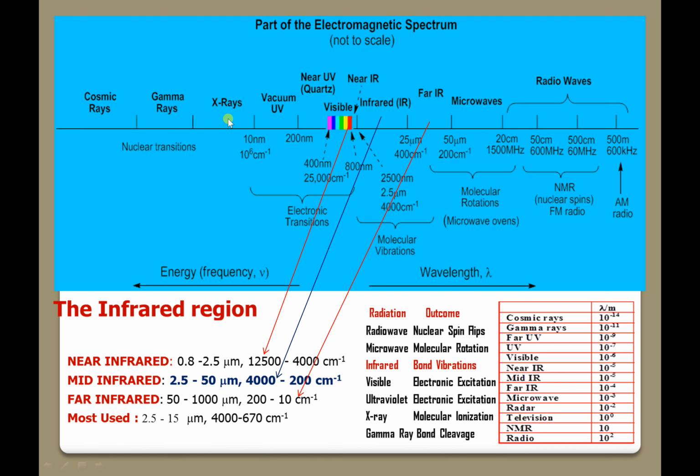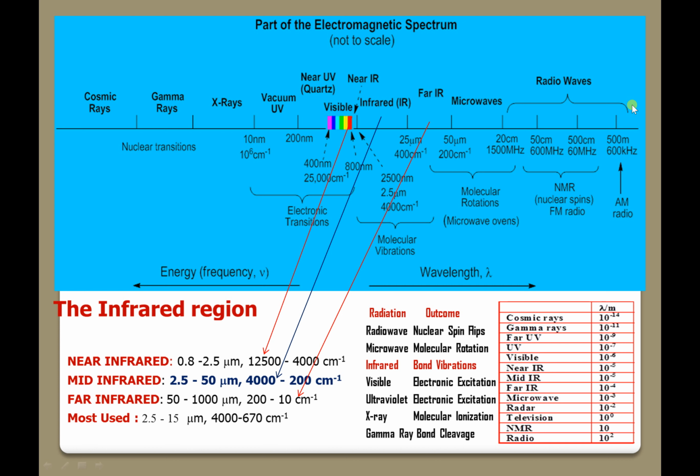X-rays are again higher in energy than the UV. And here comes the UV. And then here comes the near UV. This is the visible region. And then this is the near IR, this part. This is IR. This is far IR, this is microwave, and these are the radio waves at different frequencies.